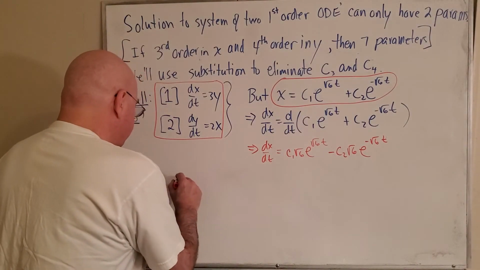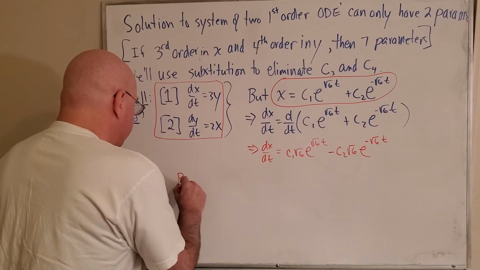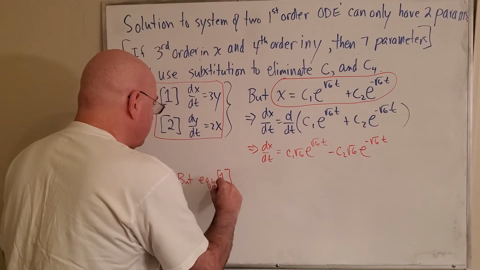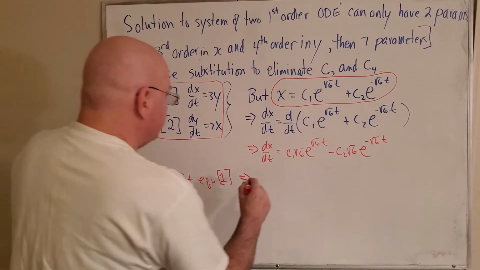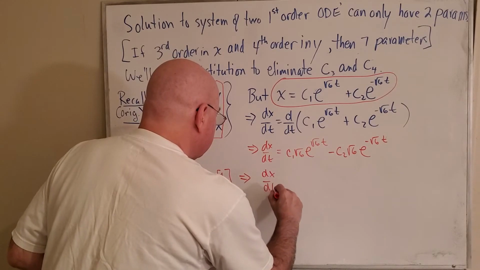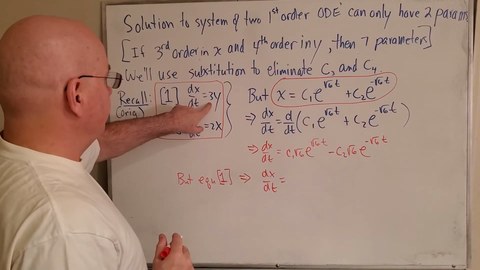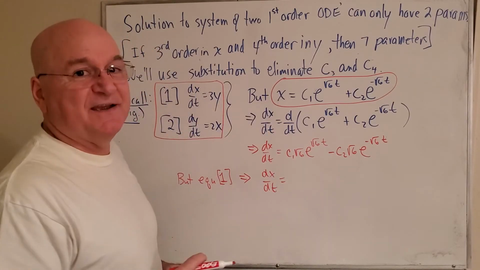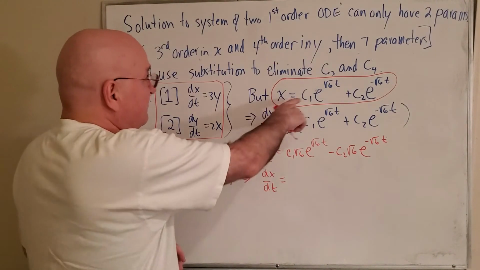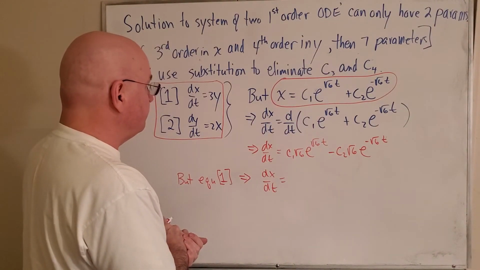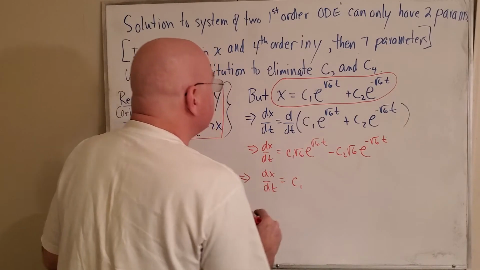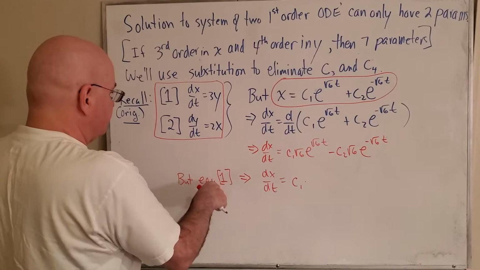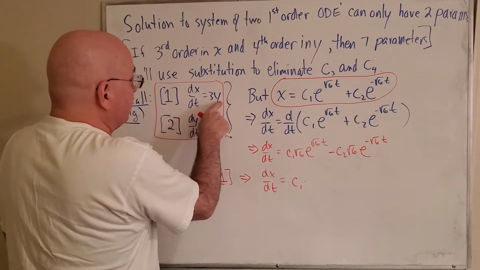But equation 1 implies dx dt is equal to 3 times y. What was y? Y was the same thing, right? I mean, really, it was the same thing as x. So it was c1, sorry, equation 1 says dx dt is 3 times y.